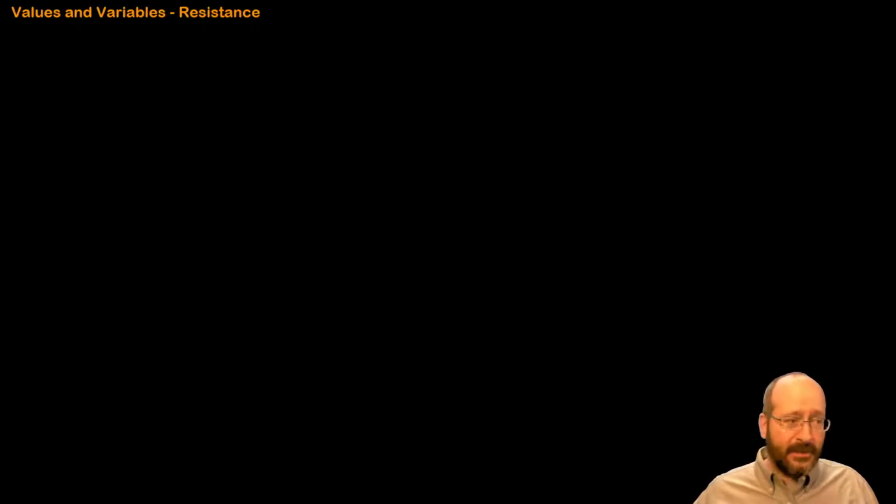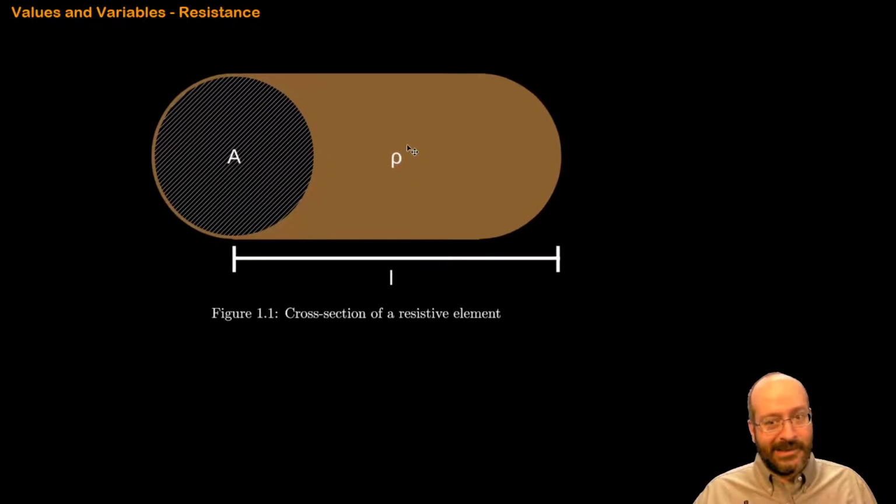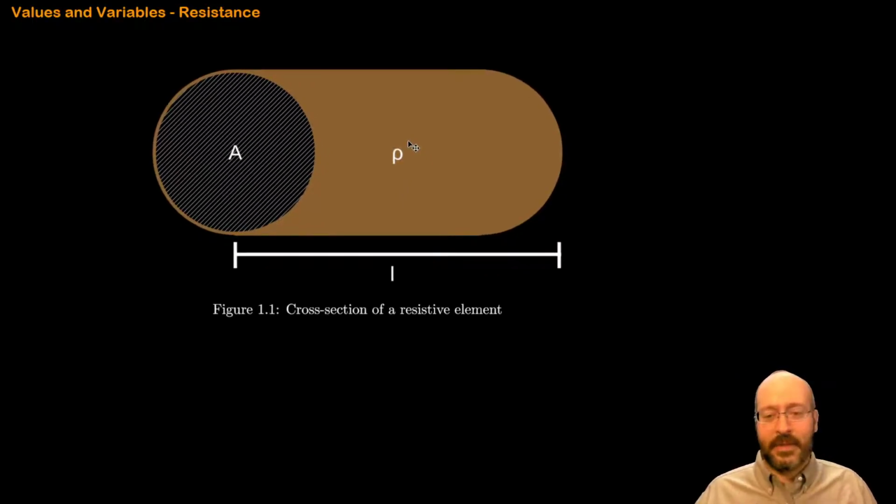So if we're going to talk about their physical properties, let's take a very simplified drawing. Again, it's my drawing, so it ain't going to be pretty. Hey, there's my three-dimensional wire. Can you tell it's three-dimensional? It's okay. And then the inversion made it that lovely brown color. But here's our cross-section of a resistive element.